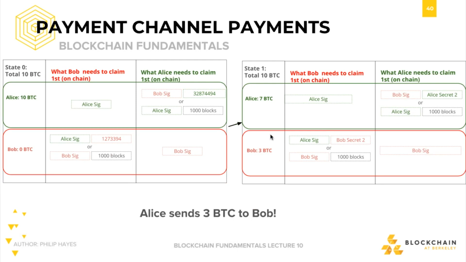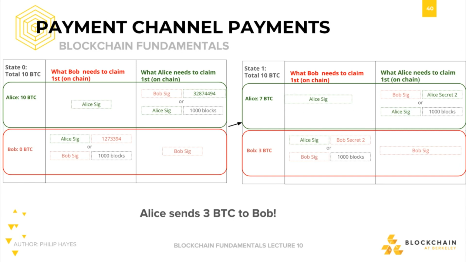If Alice tries to go back to state 0, where she had 10 Bitcoin, and tries to claim this Bitcoin back, then Alice would need to sign and wait 1,000 blocks on the blockchain. If Bob sees that, he can basically sign, and he has Alice's secret key, so he can claim all the deposit and override Alice for being a cheater.